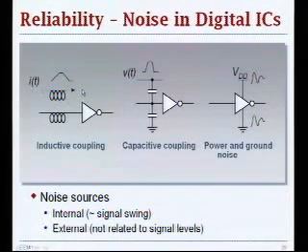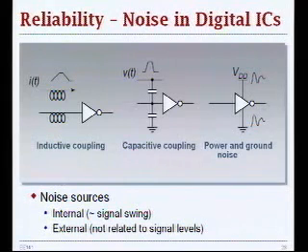Similarly, the current change in one inductive branch will couple to the other, and then you may have some unwanted current in your circuit. Also, you may have some power and ground noise on your power and ground lines, because you may think that you have turned on your circuit to work at 1 volt, but in reality you have a really jittery signal that varies over time for various reasons.